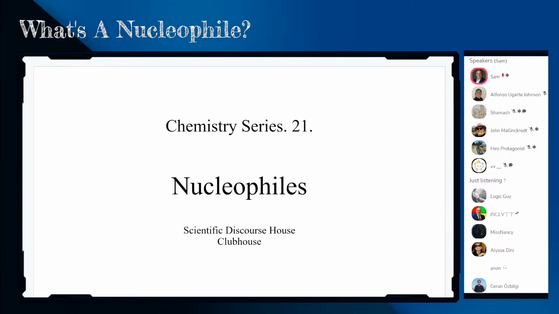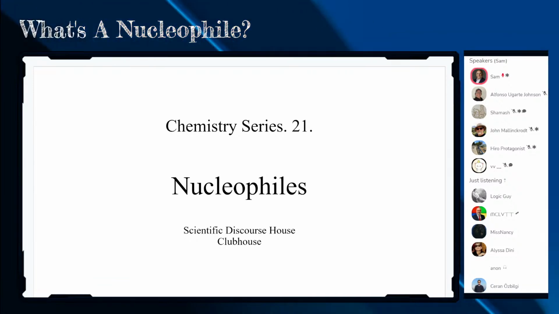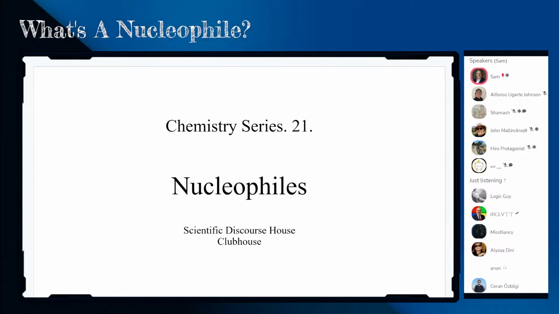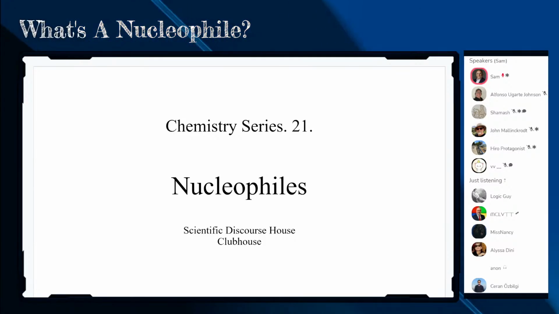So today we're going to be talking about nucleophiles and see what they are. Nucleophilic reactions are probably the most important reactions in all of chemistry, especially nucleophilic substitution reactions. And so, if you want to know anything about chemistry in a deep way, the first thing to know is what a nucleophile is.